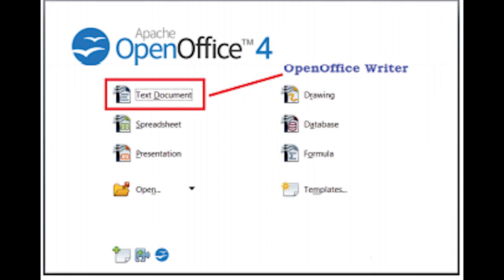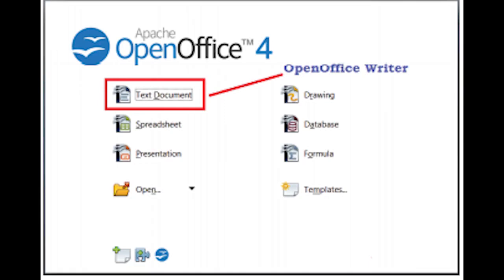So you just double click on the left button of the mouse. You have to keep the arrow above the OpenOffice icon on the desktop and double click, and then you will get an opening screen, the Star Center screen of OpenOffice.